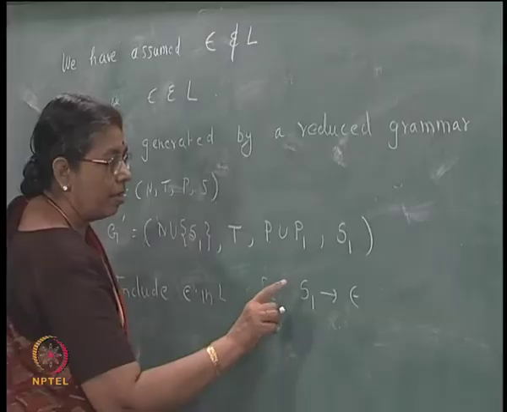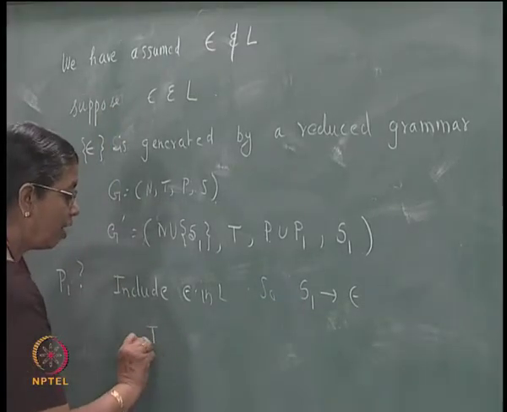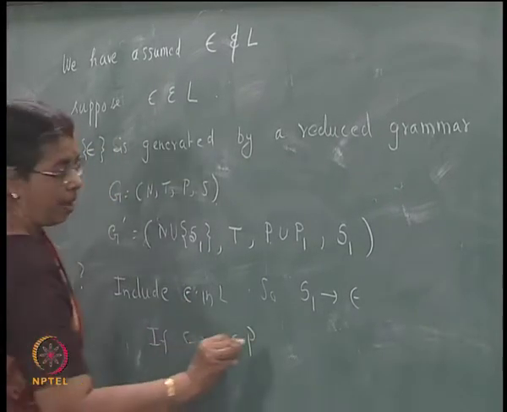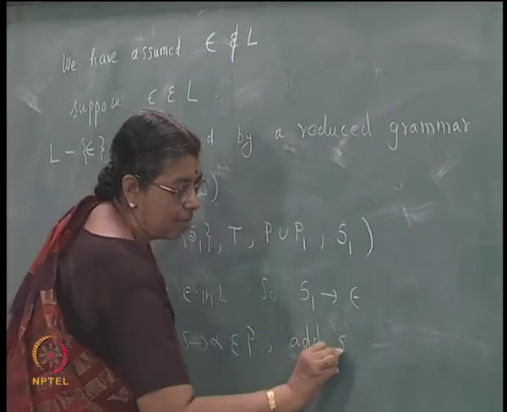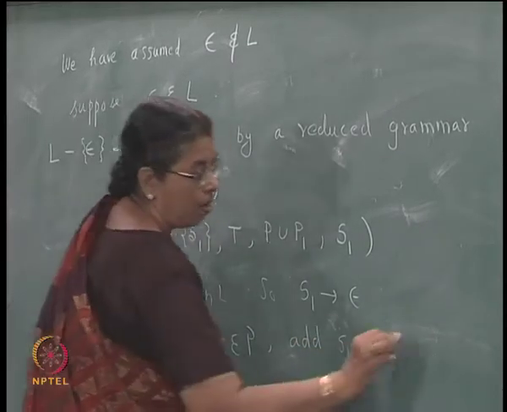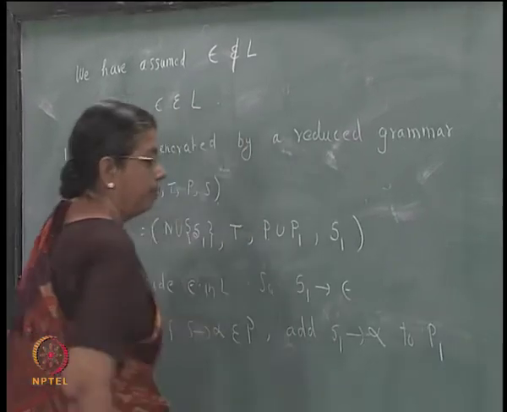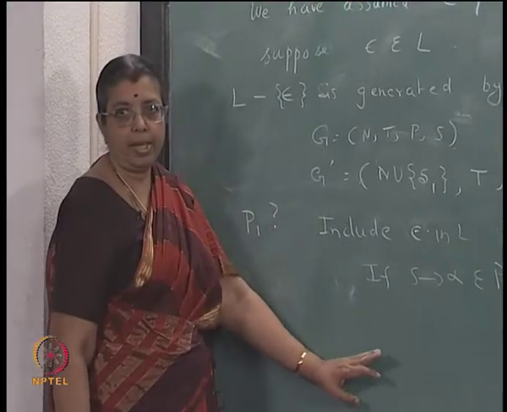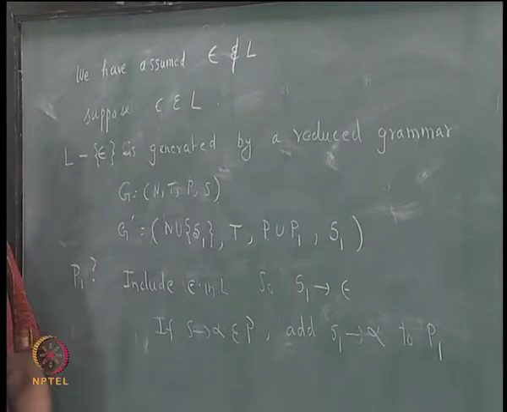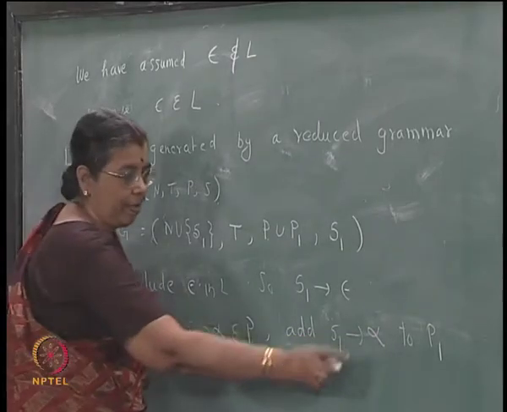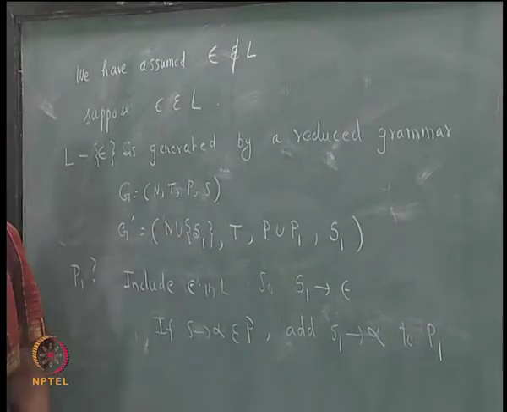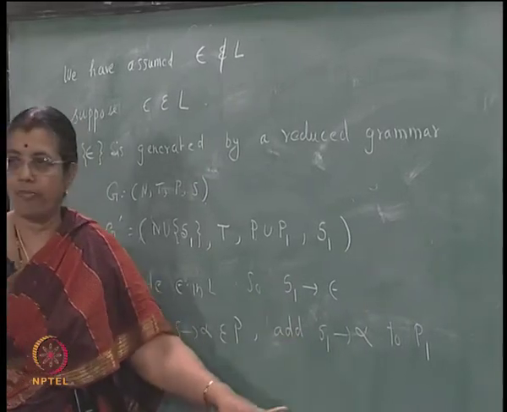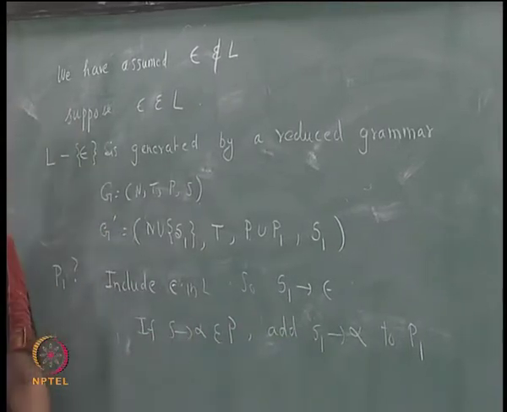But starting from S1, if S goes to alpha belongs to P, the earlier start symbol going into alpha, then you also add S1 goes to alpha to P1. So P1 will consist of rules of the form S1 goes to epsilon and S1 goes to alpha, where S goes to alpha belongs to P.